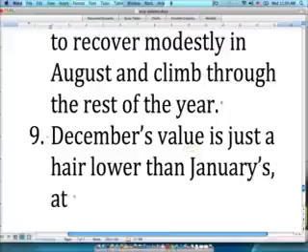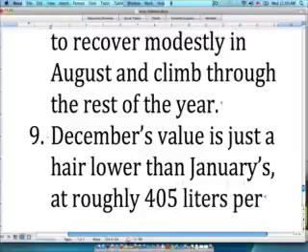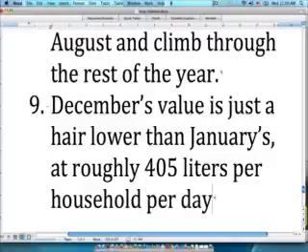And then comma at roughly, and that looks about, I don't know, it's hard to say, I'd say about 405, maybe 405 liters per household per day. Okay, so December's value is just a hair lower than January's at roughly 405 liters per household per day. And that would conclude our task 1 response.